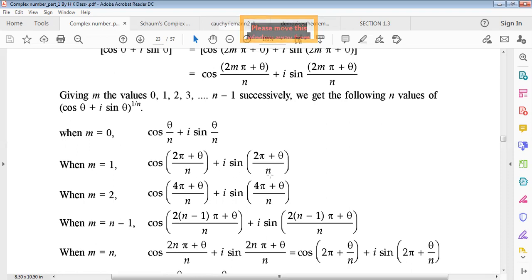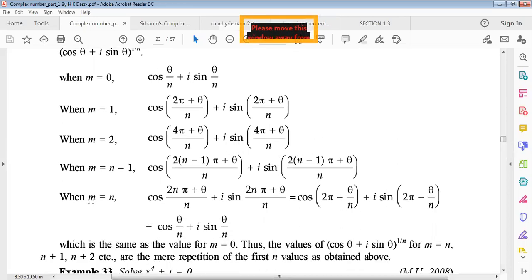When m equals 2, we get this. When m equals n minus 1, we can write it by putting n minus 1 in the place of m here. Now when m equals n, we get 2n pi divided by n, which is 2 pi, plus theta by n.